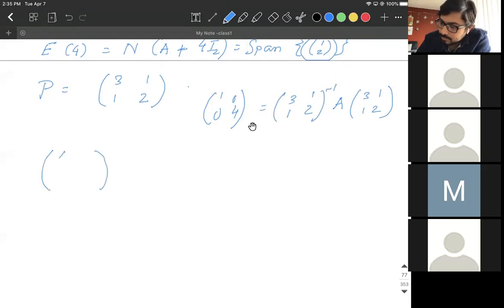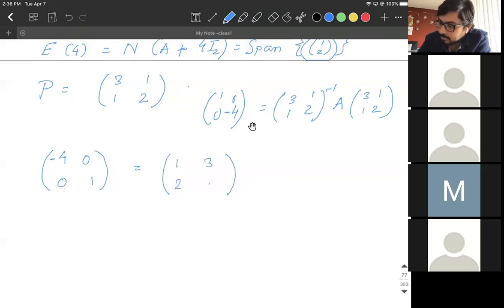So if you write out minus 4 as your first entry and 1 as your other entry, so you switch the diagonal elements, then accordingly your matrix will change. So now the eigenvector corresponding to minus 4 would be the first column. So now you have 1, 2, and that for 1 will be the second entry.